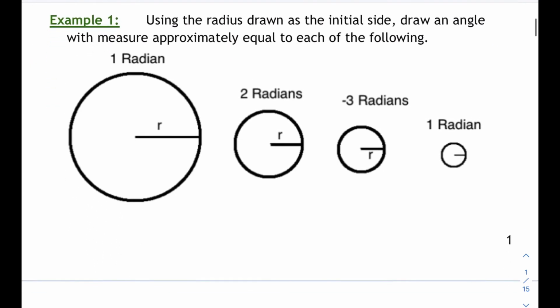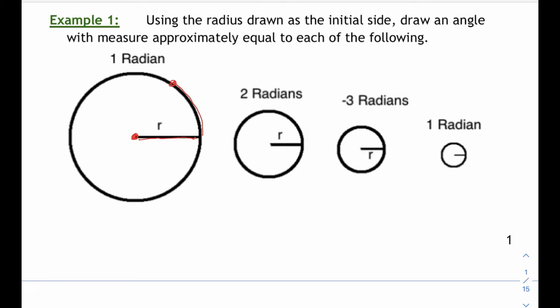Let's do a little approximating. So if we take all of these circles and draw some angles that are the given radian measure, what's it going to look like? Okay, so 1 radian, we already talked about, is like wrapping 1 radius around the outside of your circle.